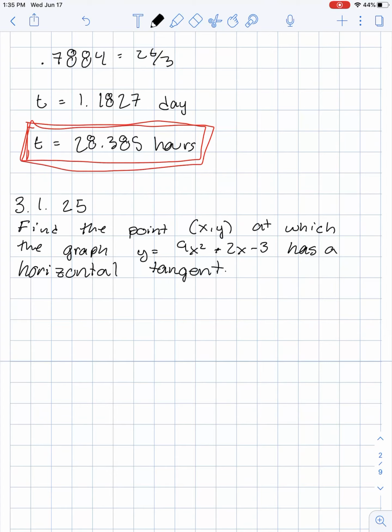I need to understand what a horizontal tangent means, and I need to know how to find one. So horizontal tangent is when the tangent is a horizontal line to the graph.